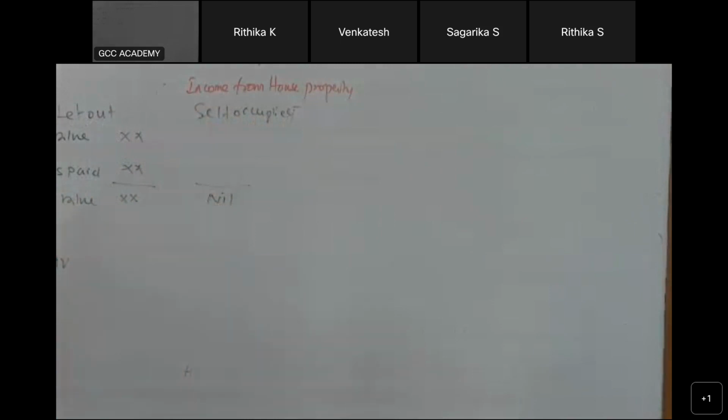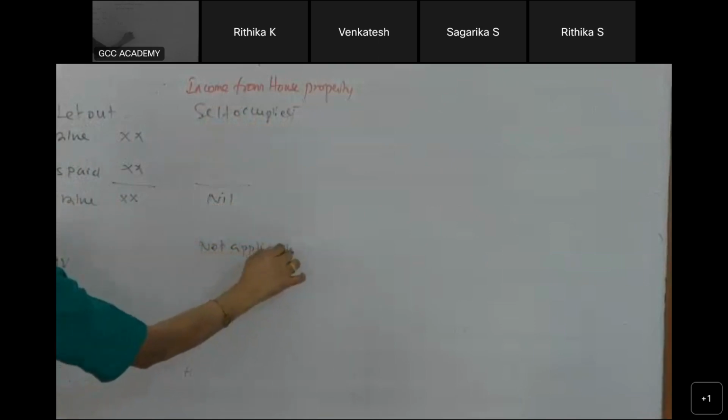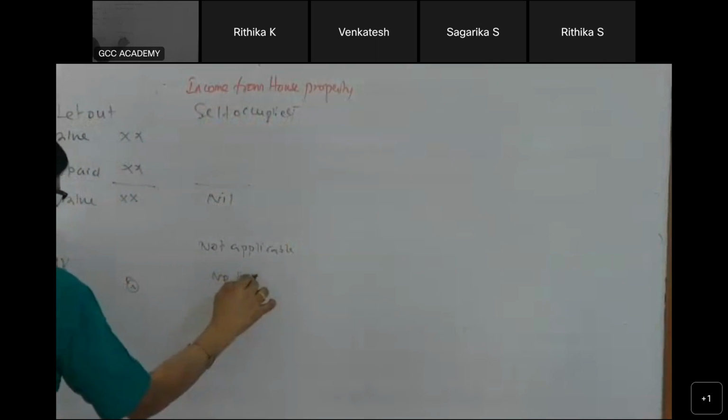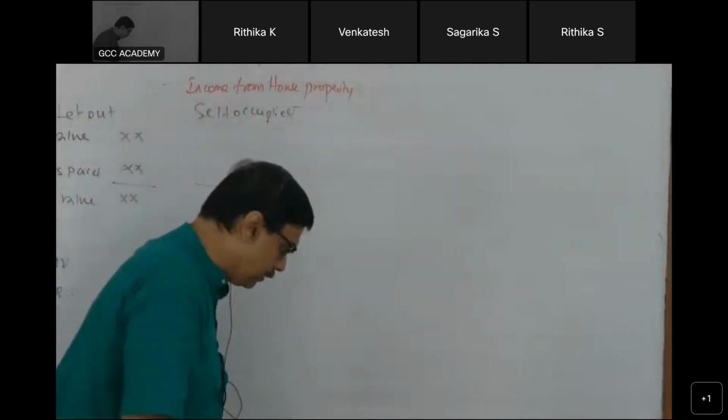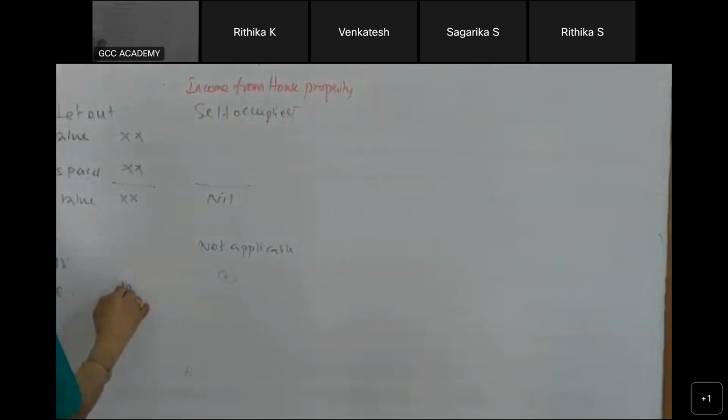And so you cannot claim 30% of NAV. Not applicable. Less interest on capital. There is a limit here. There is no limit here. Sorry. There is a limit here.